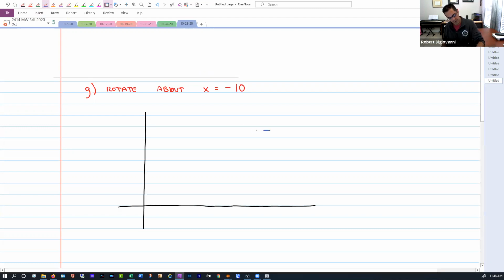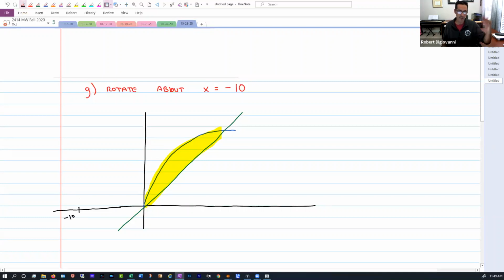Getting tired of drawing this. How about you? Same. X equals -10, why did I do that to myself? It's all right, I'll just put -10 right there. X equals -10 is a vertical line.